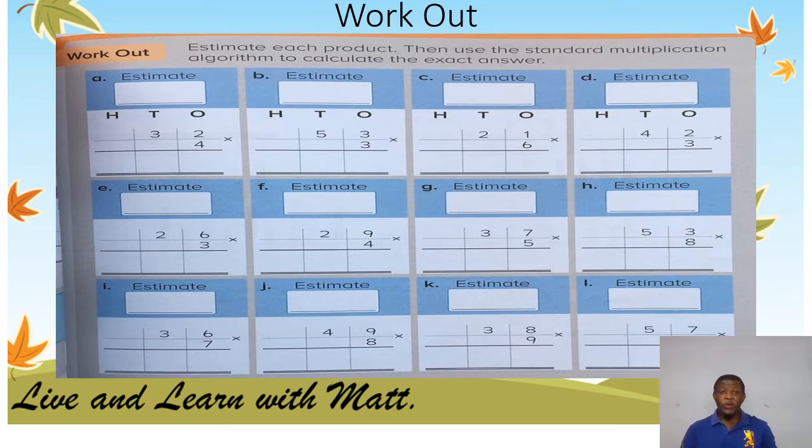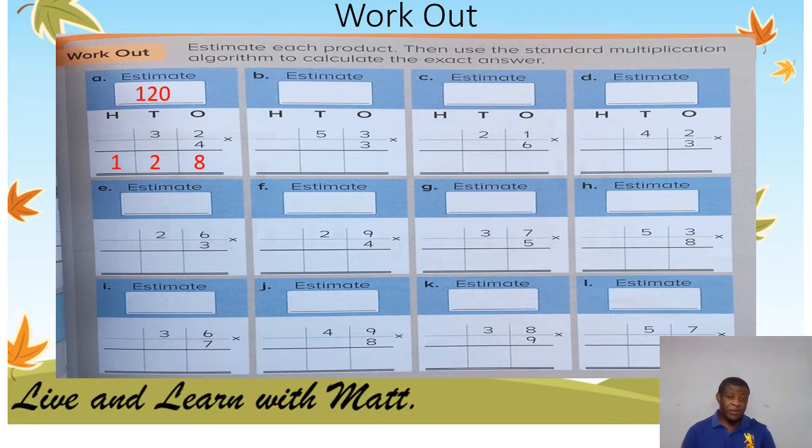So we know 4 times 3 is 12. So 4 times 30 will be 120. That'll be our estimate. Now 32 times 4 will be 128. As you can see, 4 times 2 is 8. 4 times 3 is 12.